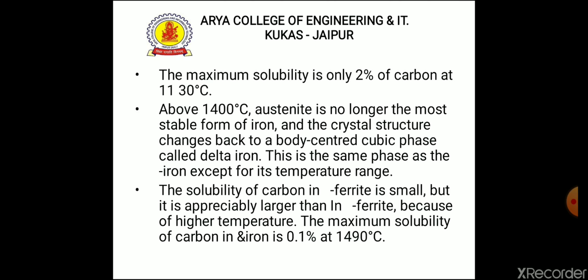Above 1400 degrees centigrade, austenite is no longer the most stable form of iron and the crystal structure changes back to a body centered cubic phase called delta iron. This is the same phase as alpha iron except for its temperature range. The solubility of carbon in delta ferrite is small, but it is appreciably larger than in alpha ferrite because of the higher temperature.